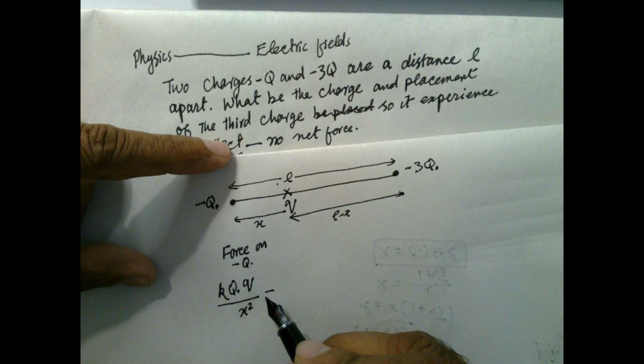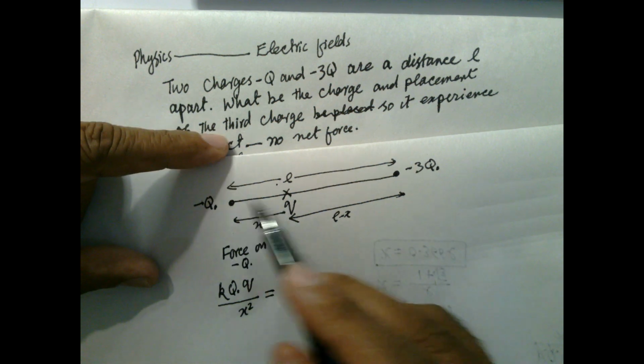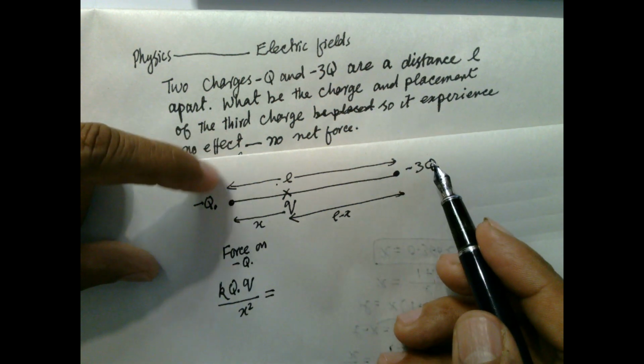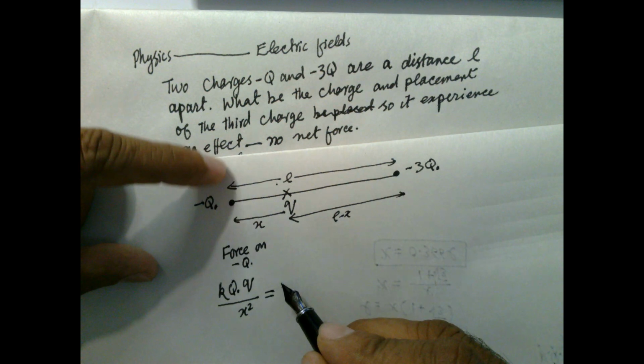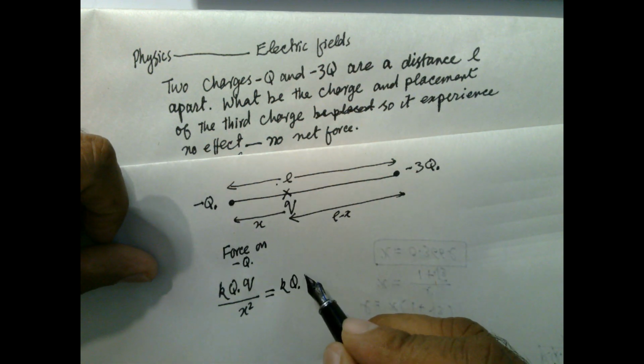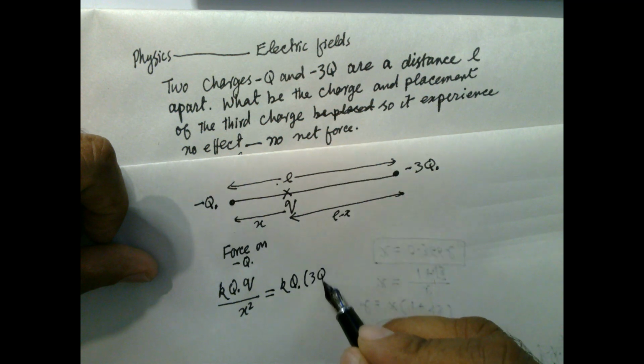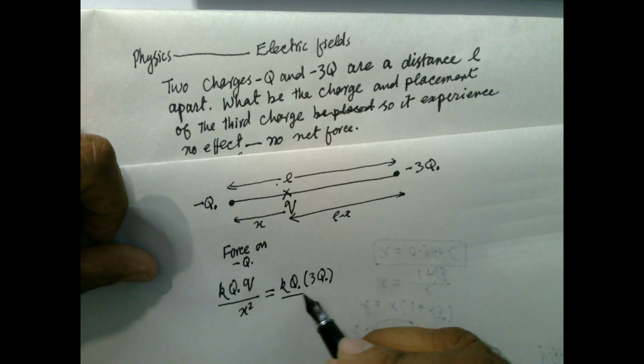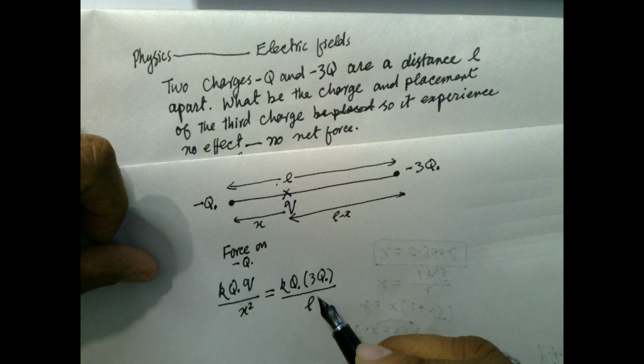That should be equal to the force between this and this: k q naught 3q over L square.